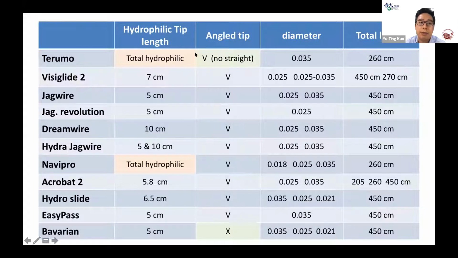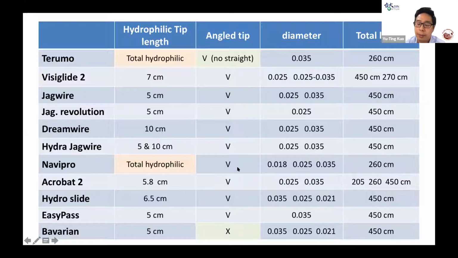In very difficult cases, we will choose the Nitinol wire because it is totally hydrophilic, and another is the Navipro from Boston Scientific, also totally hydrophilic, and many companies can offer angle tip guide wires.